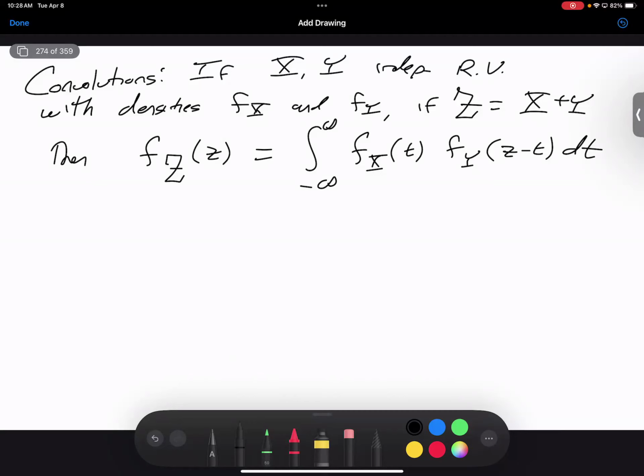Do you think it matters the order in which we add X and Y? No. So we often write f of Z at z is f of X star, or convolved with, f of Y evaluated at z. And again, it turns out that it's the same as f of Y star f of X. You can prove this directly by doing a change of variable.